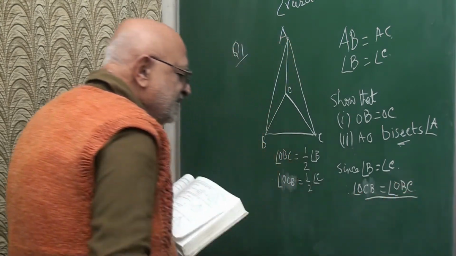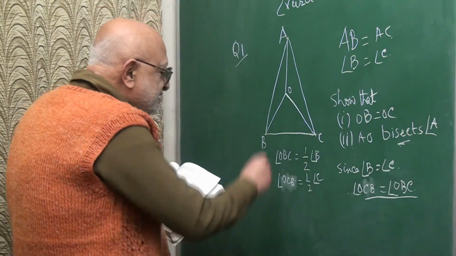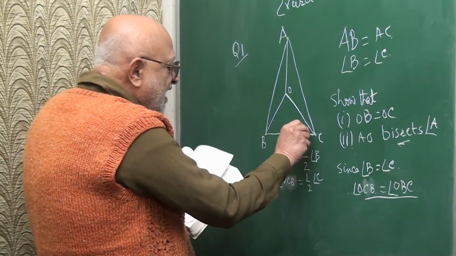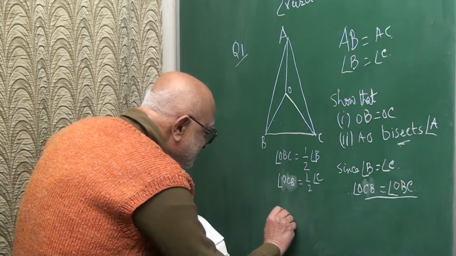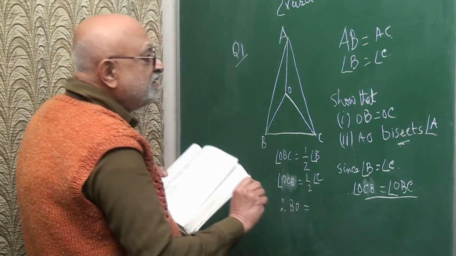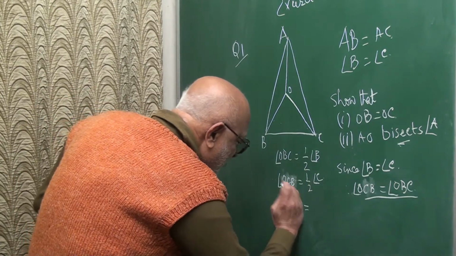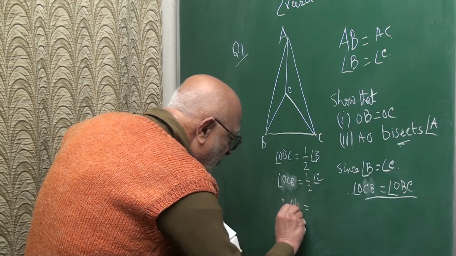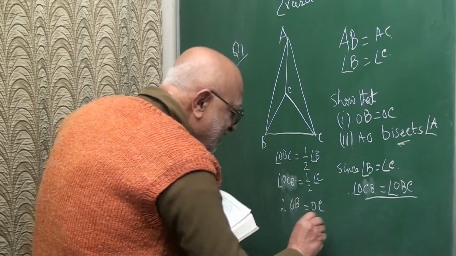So half of that will be equal. Since these two angles are equal, therefore OB equal to OC. Why?